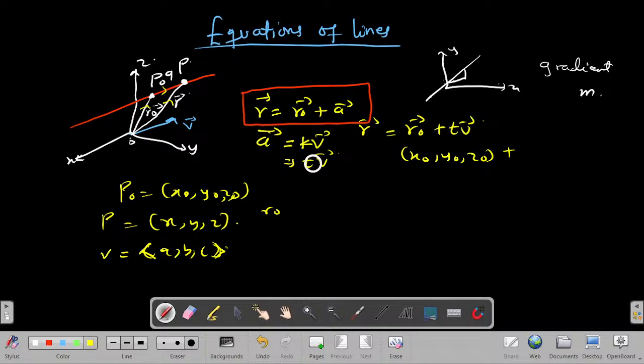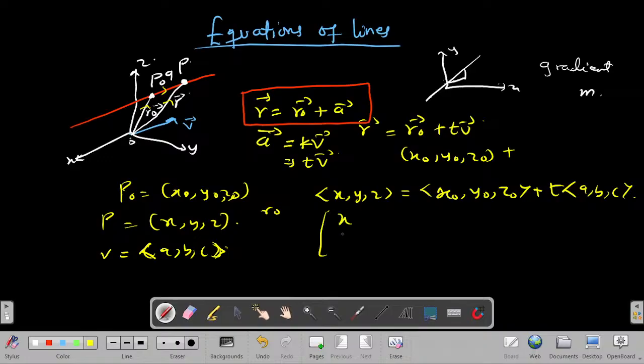My r here, which is op, will give me vector x, y, z is equal to my r naught, which is vector x naught, y naught, z naught, plus my arbitrary constant t and my vector v, which is a, b, and c, right? We can write it in column form like this, equal to x naught, y naught, z naught, plus t multiplying a, b, c.